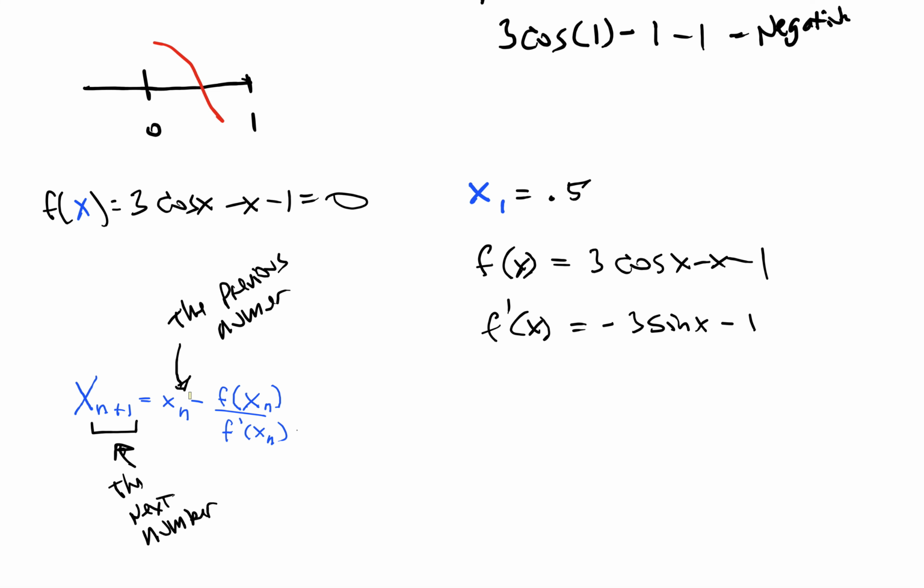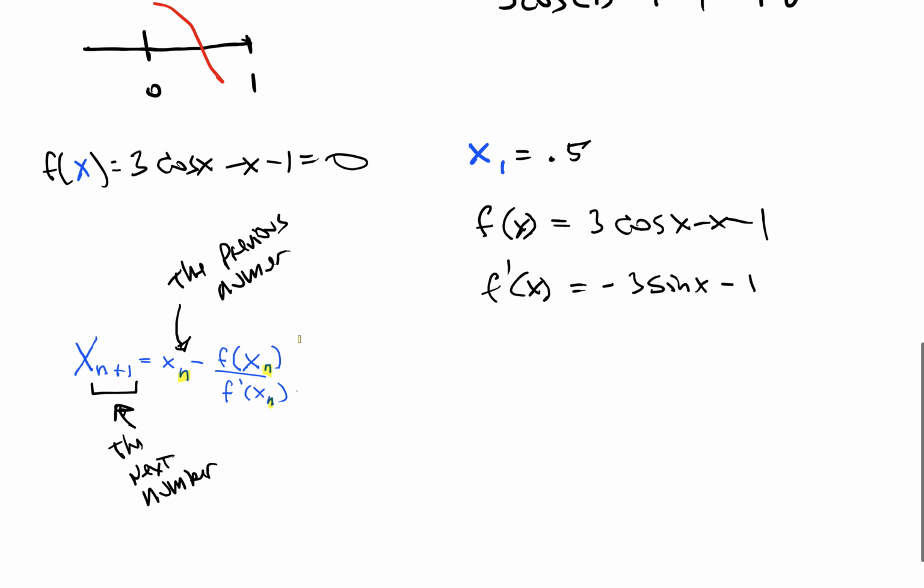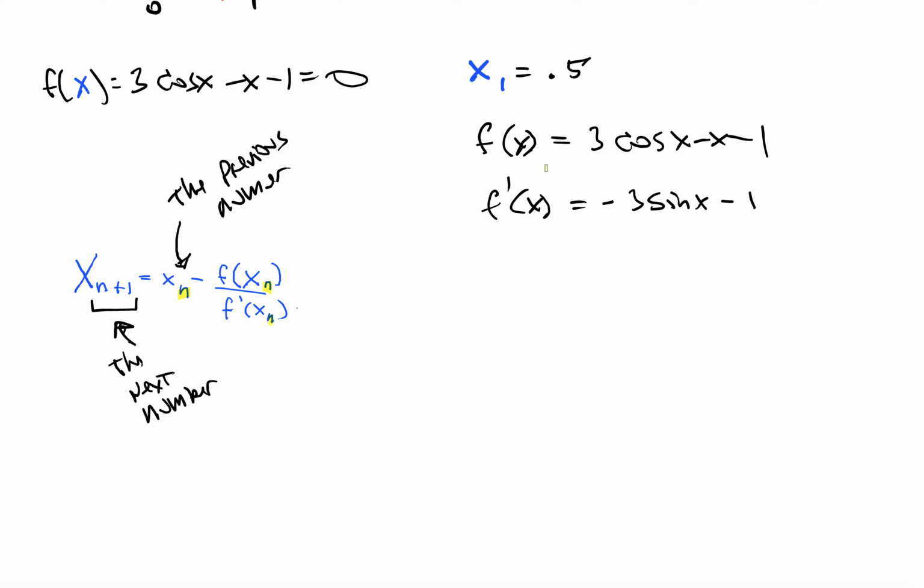Okay, and if you notice, everything over here has to do with the previous number. Okay, so we guessed our number. We guessed xn basically, which is 0.5. So we're going to say, what's the next number? Even though we guessed x1, based off that x1, we're going to calculate x2.